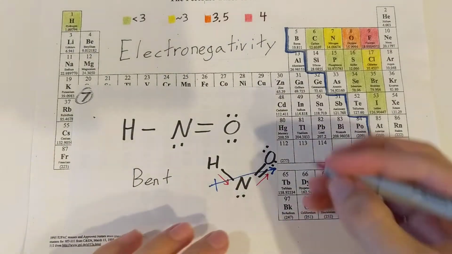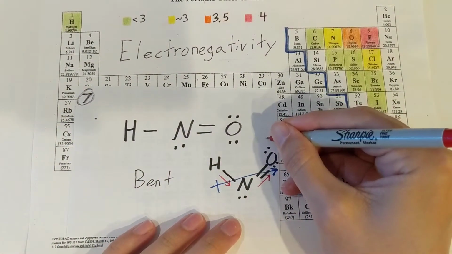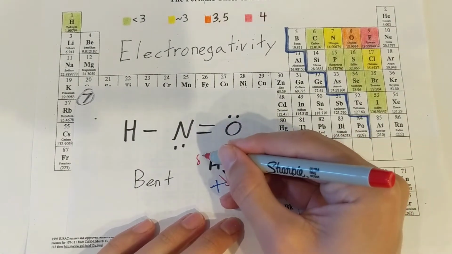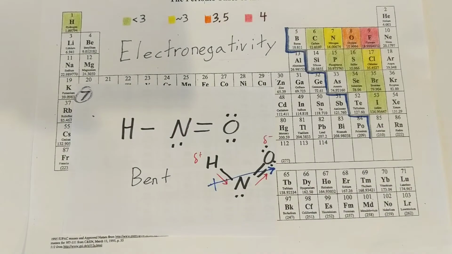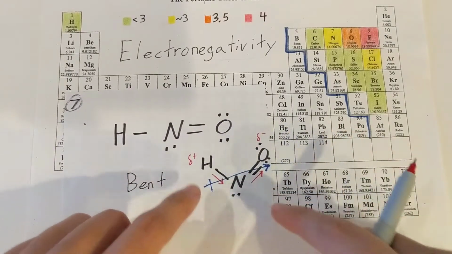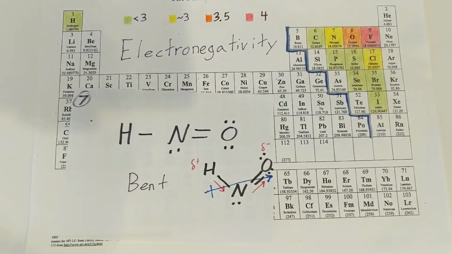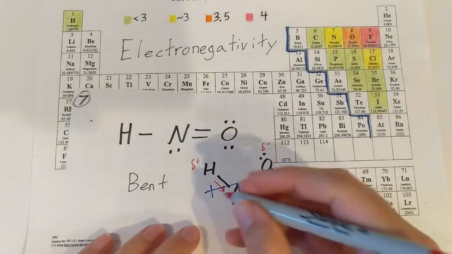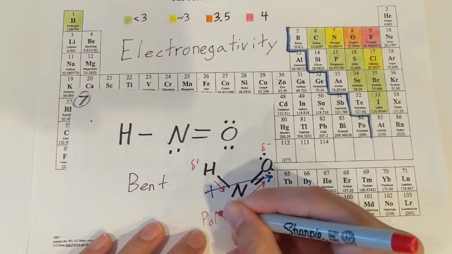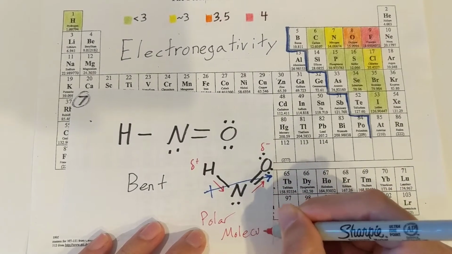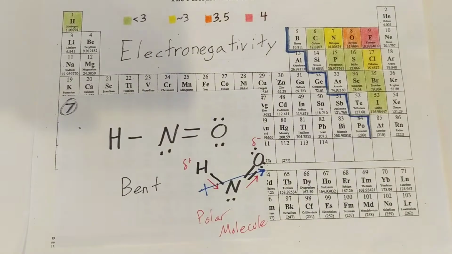And if we wanted to draw charges, definitely the O would be partial negative, and definitely this H over here would be partial positive. In here, it's a little bit iffy because it's pulling and losing electrons over here. Don't worry about that too much. As long as we know that there's partial charges, that's the main thing. That'll tell us it's a polar molecule.